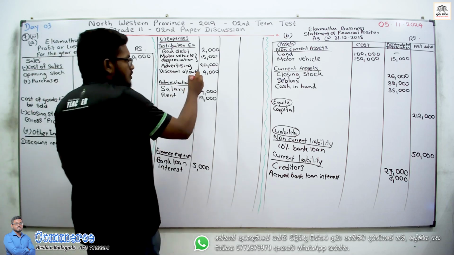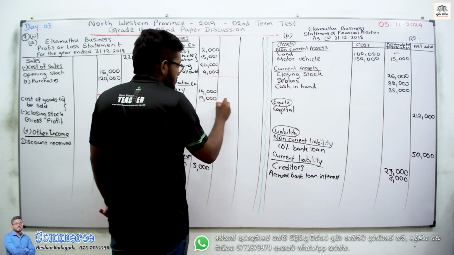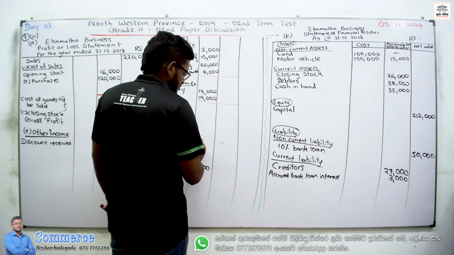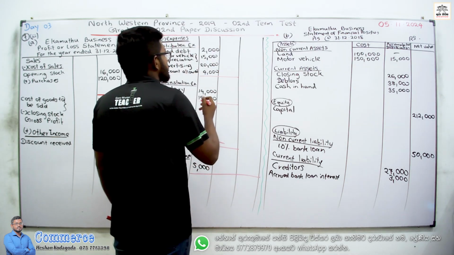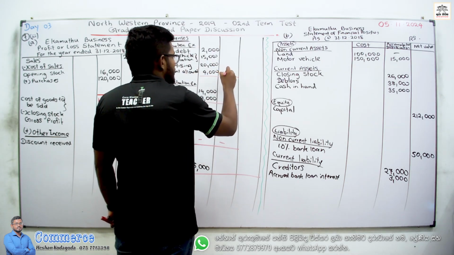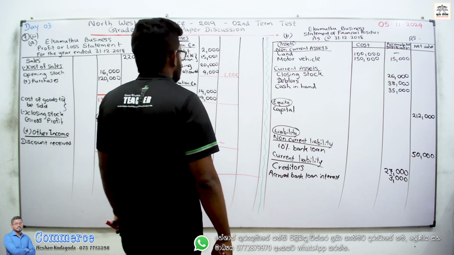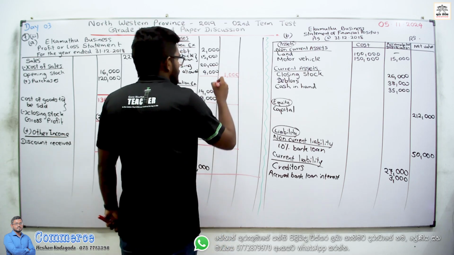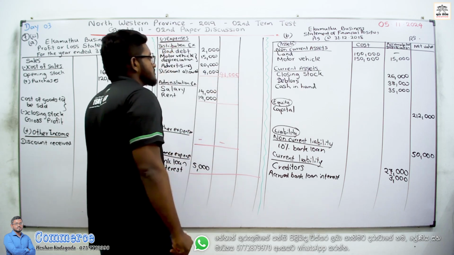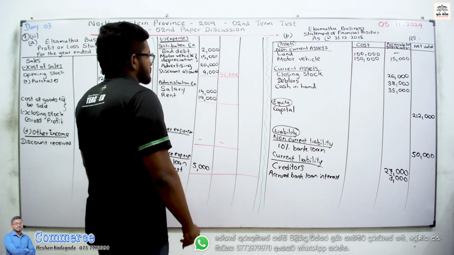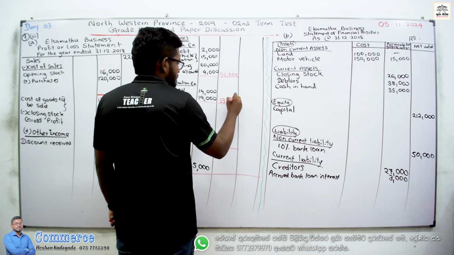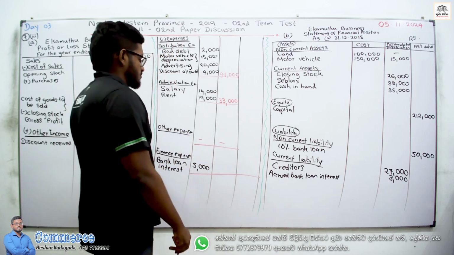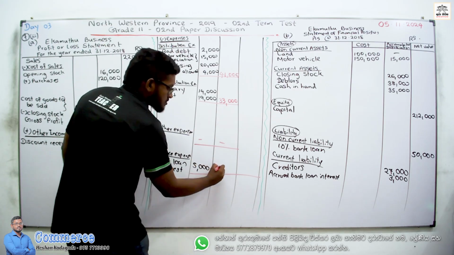Let's take the total of the expenses. 41,000, 33,000, 5,000.